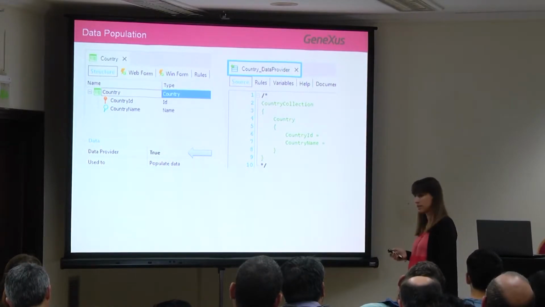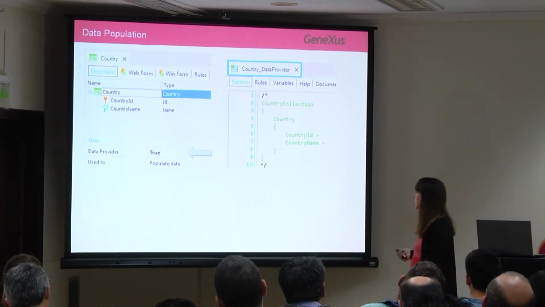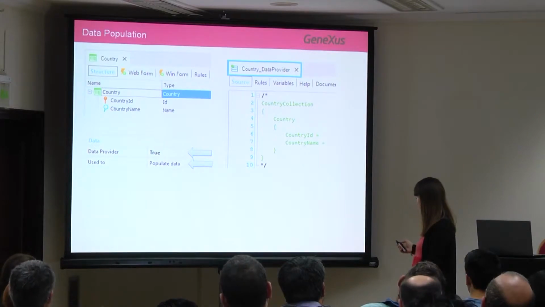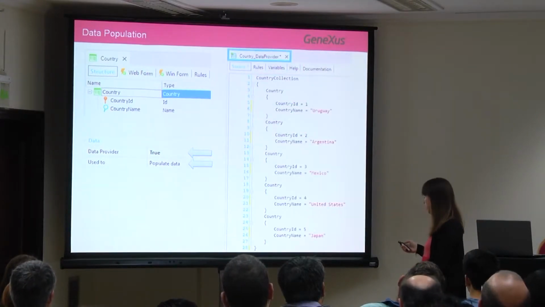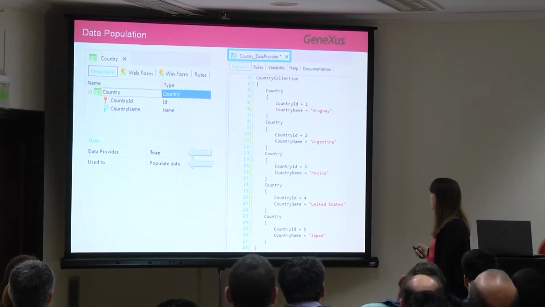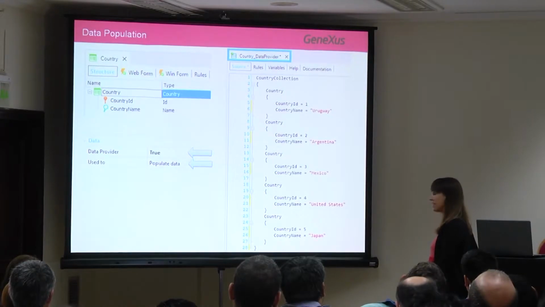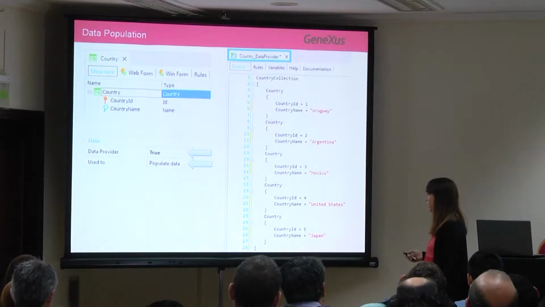So what I have to do, just that, is complete that data provider and save it. So what I've done is I copy this block of code as many times as I needed and complete the data that I wanted to save, and just that on my physical table.